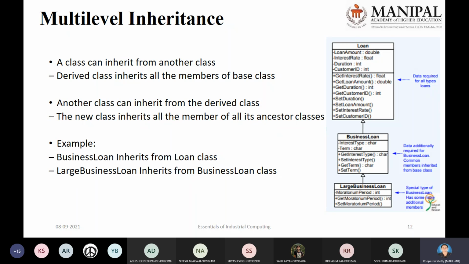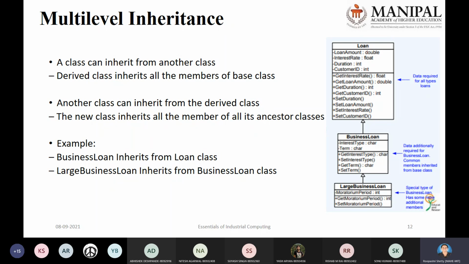You know it, right? There is one base class, one derived class. It inherits all the properties of the base class, and this derived class acts like a base class for another class. So another class can inherit from the derived class. It's a three-level hierarchy.